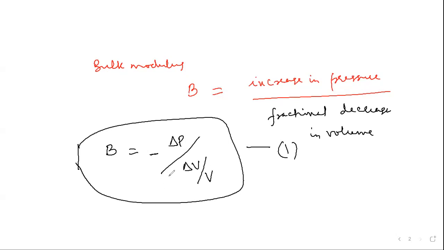What about SI unit of B? It is simply same as pressure because denominator is unitless, that is Newton per meter square, force per area, which we call Pascal. So Pascal or Newton per meter square is the SI unit of bulk modulus.